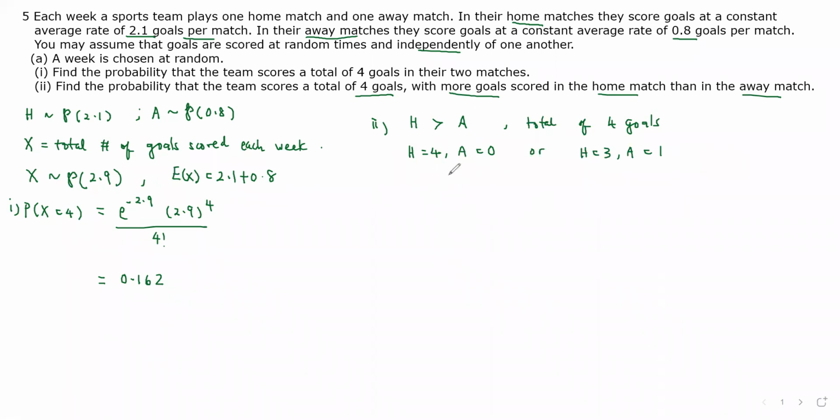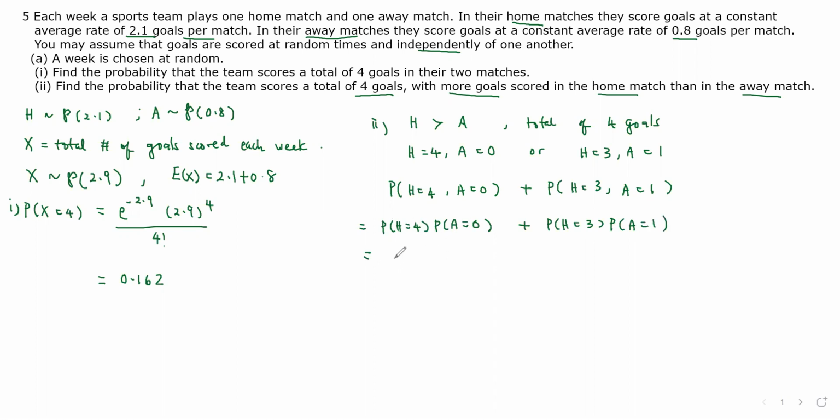We need to find the probability of 4 goals scored in the home match and 0 in the away match, or 3 goals in the home match and 1 in the away match. The goals scored are random and independent, so we have probability H equals 4 times probability A equals 0, plus probability H equals 3 times probability A equals 1.